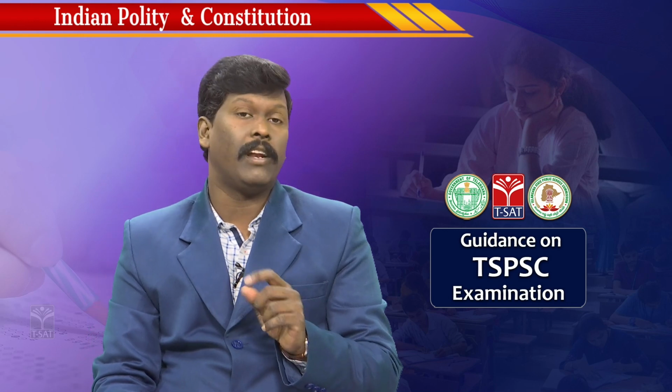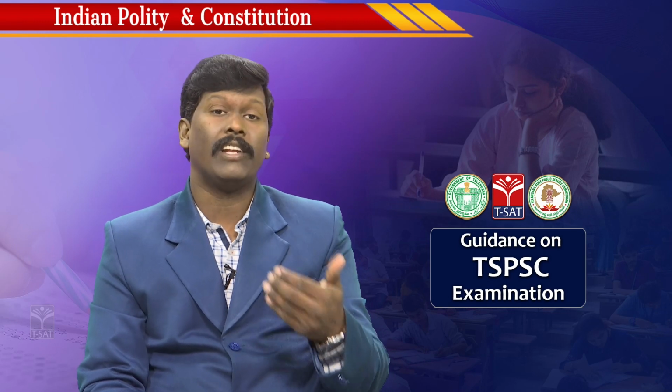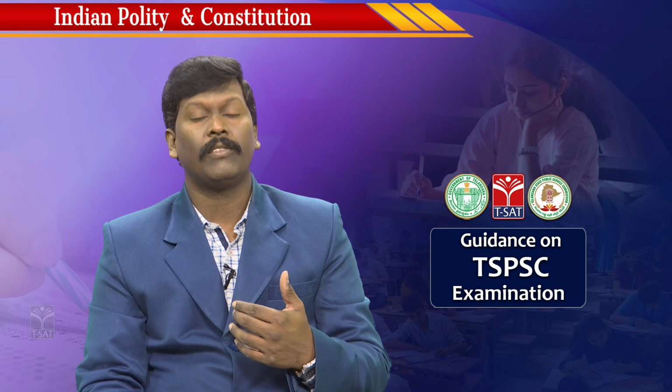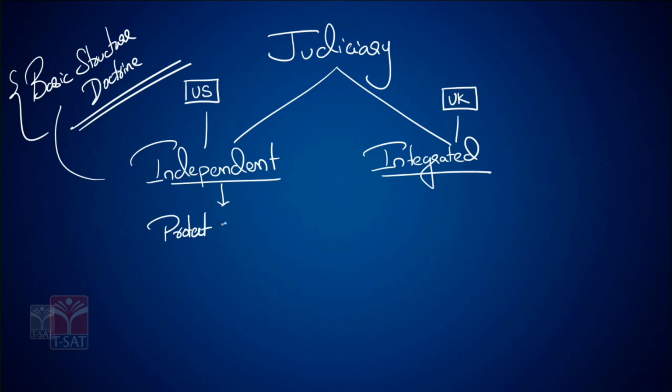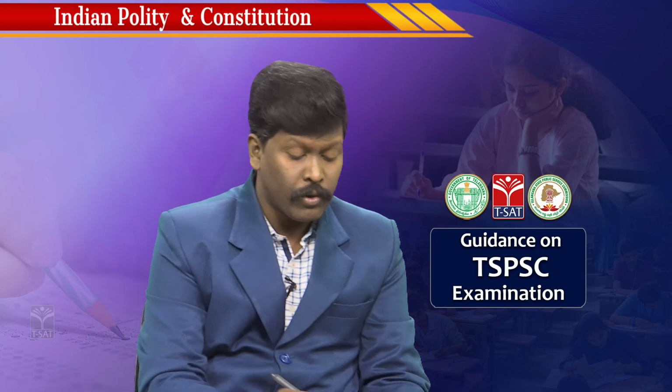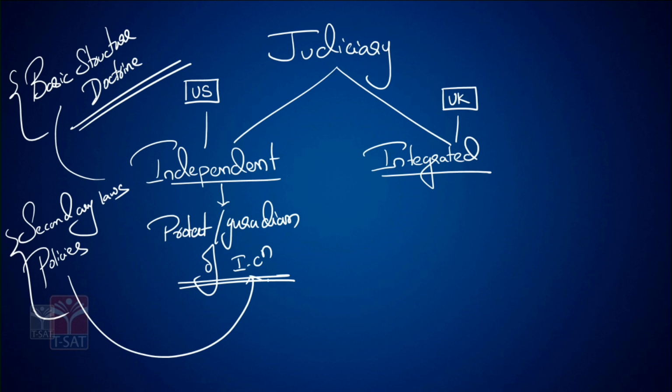What is independent judiciary? The judiciary is very much independent and does not work combinedly with the other branches of the state, that is the legislature and executive, because the main role of the judiciary is to be the guardian of the Indian Constitution. Judiciary ensures that all the secondary laws and all the policies are aligned with the Indian Constitution.